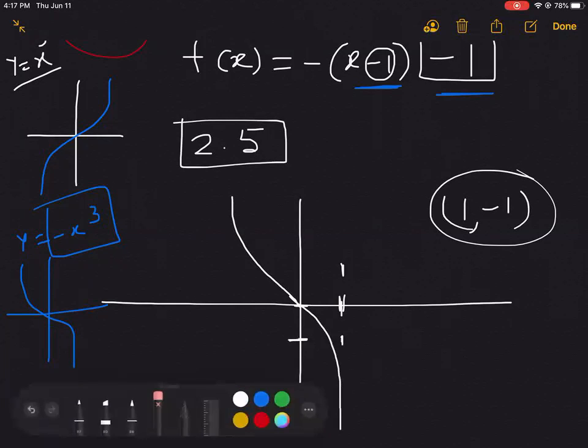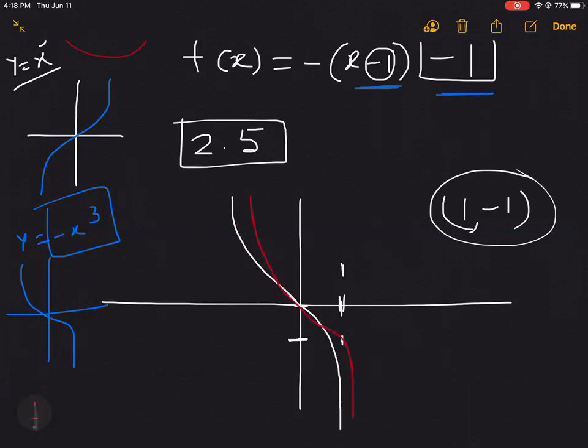Let me use a separate color. Okay, that's it. Instead of 0, it goes like this. I didn't draw this properly, to be honest. It should look like this. If you draw this precisely, you don't need to use this coordinate.